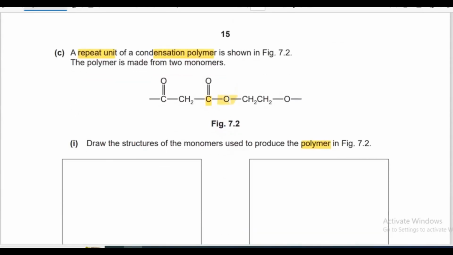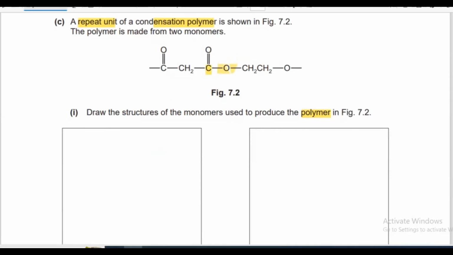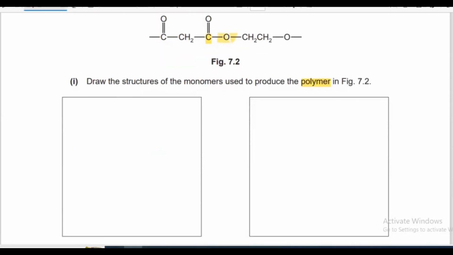Now the repeat unit of the condensation polymer. This is a condensation polymer, and we want to deduce the two monomers, drawing the structures of the monomers used to produce this polymer. Just look at this. This is the ester linkage. If you break your compound from here, and put hydrogen here, this is the first monomer, and if you put OH with both these groups, this is the second monomer.